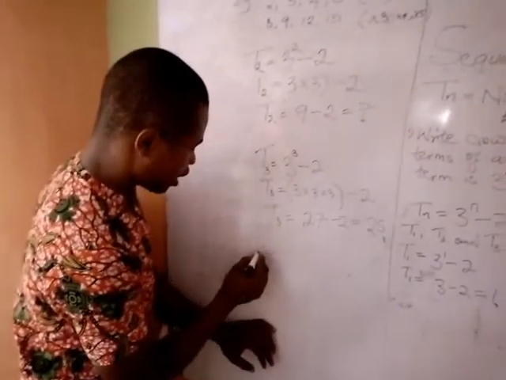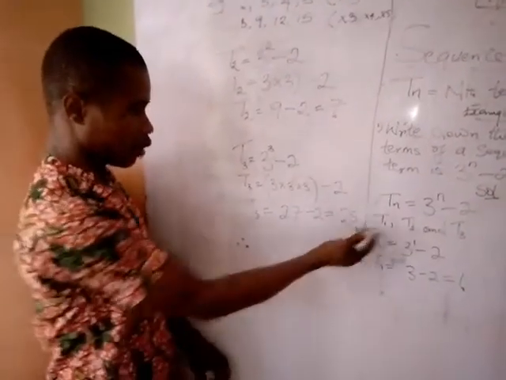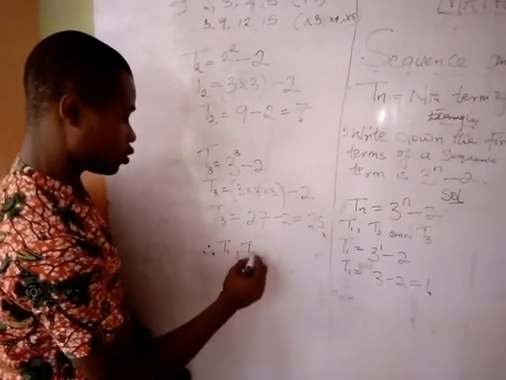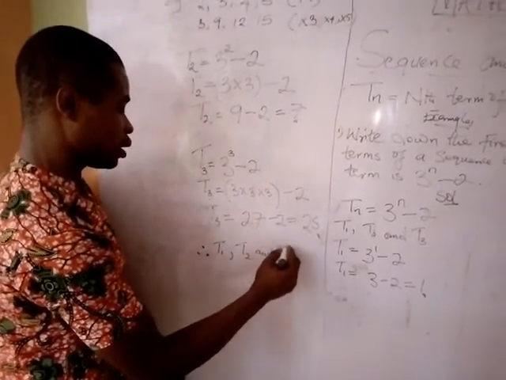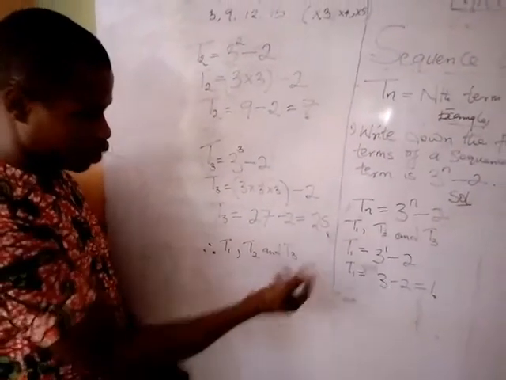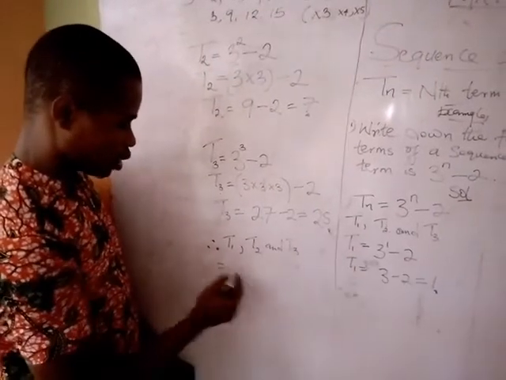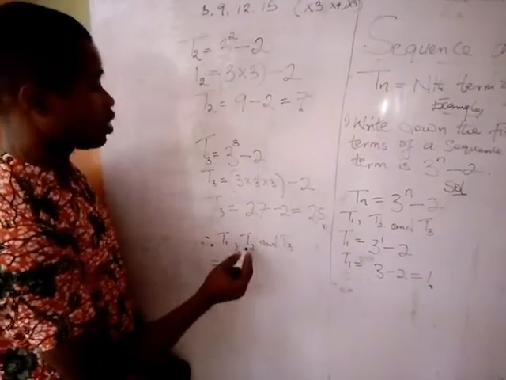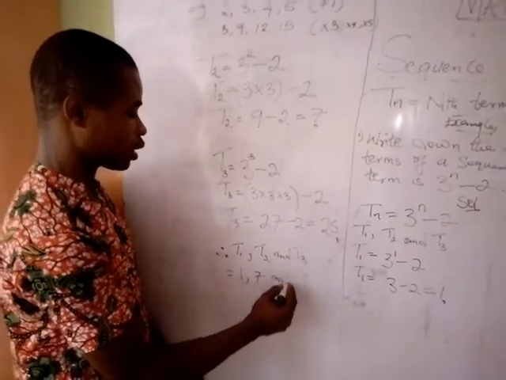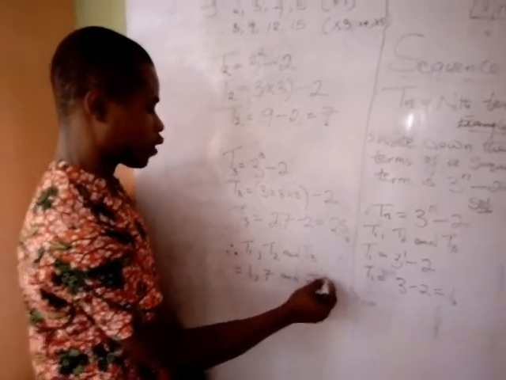Therefore, we said that the first 3 terms is our T1, T2, and T3, and that will give us, just right under it, place your equality sign, equal to your T1 as 1, your T2 as 7, and finally your T3 as 25.